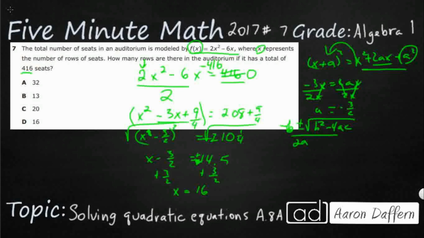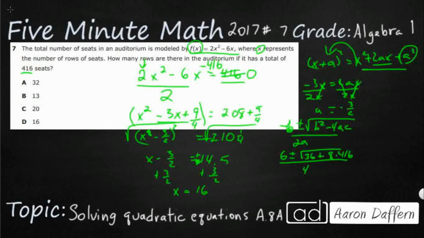So I've got a negative b. b is negative 6, so it's just going to be 6 plus or minus the square root of negative 6 squared, that's 36, minus 4 times a, which is 2, times c, and that's a minus 416, so I'll make that a plus. 4 times 2 is 8, times your 416, over your 2a, which is 4.